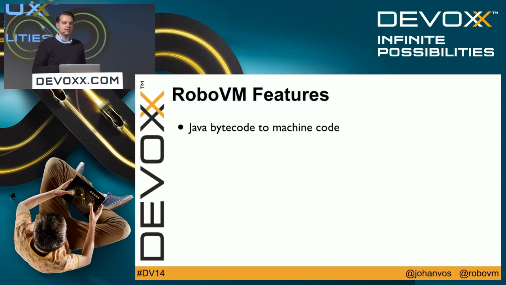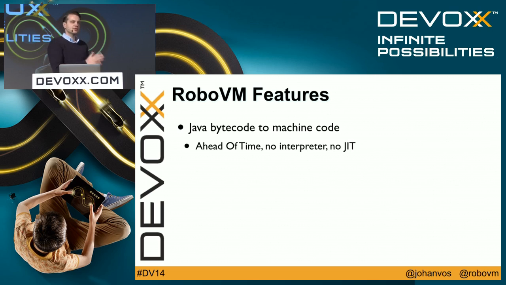There's also Linux and Mac OS support in there, and we're working on 64-bit support. So this is ahead-of-time compilation. It's a process that takes place on your developer machine. Out comes an executable that contains just machine code. There's no interpreter and no JIT compilation involved when you run this later on a device.